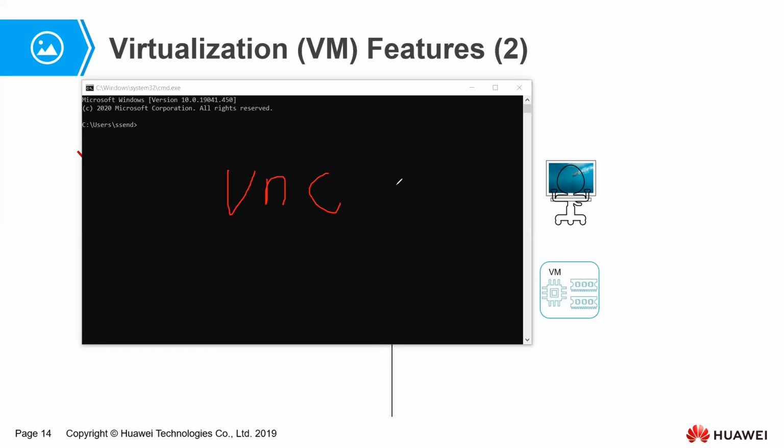The console is network dependent. You must be on the network for you to be able to connect on the VNC that is supported by Huawei and KVM.